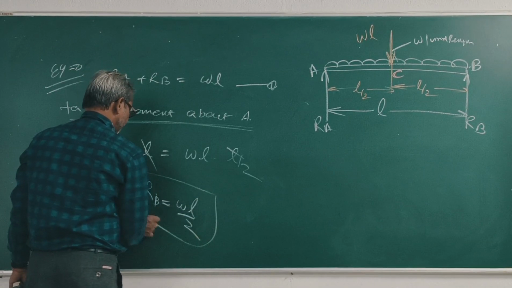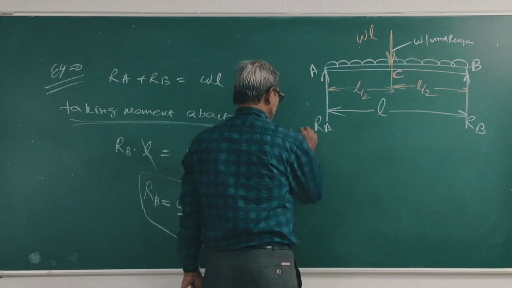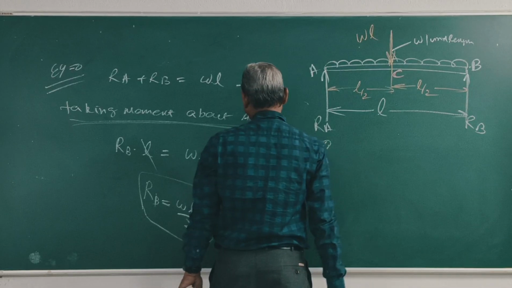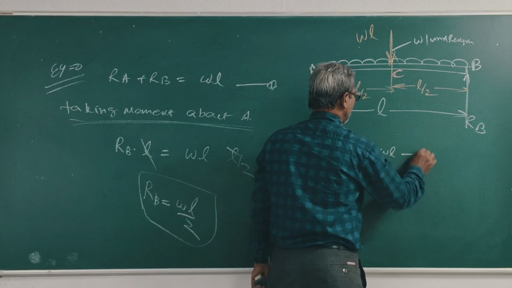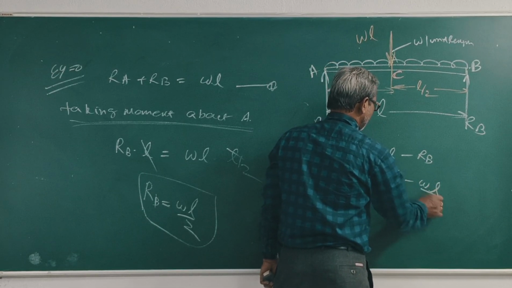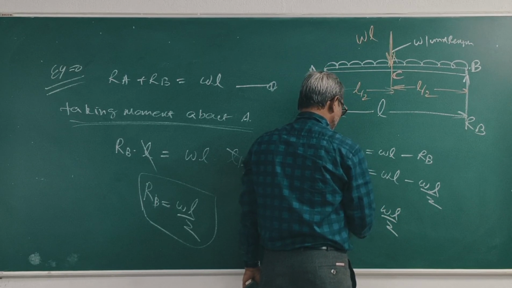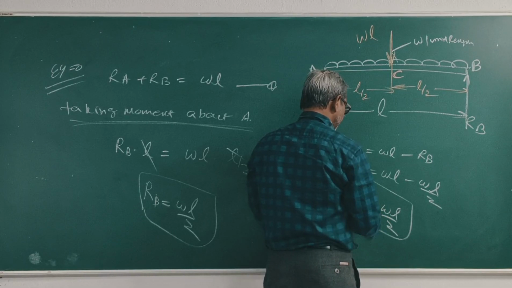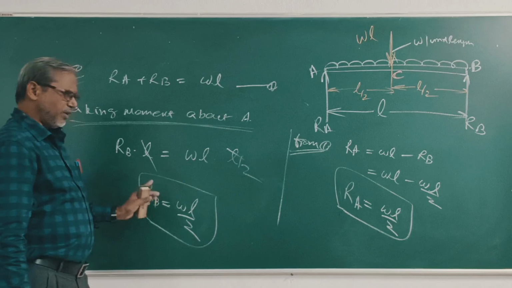From equation 1, RA plus RB is wL, so RA is equal to wL minus wL by 2, which is wL by 2.